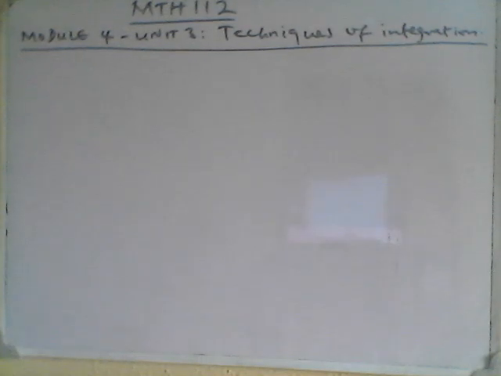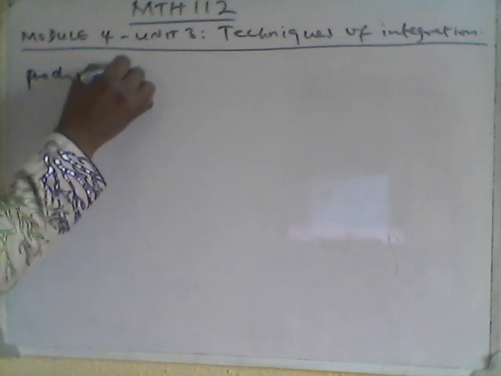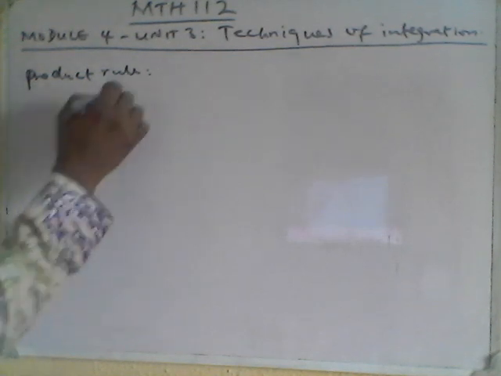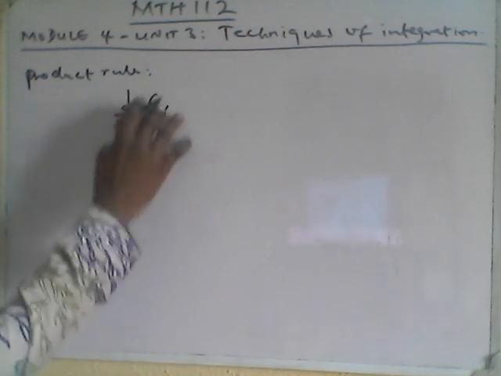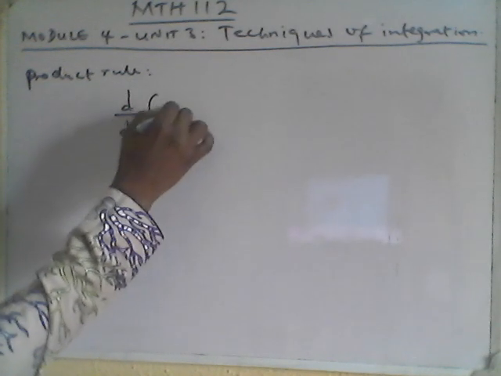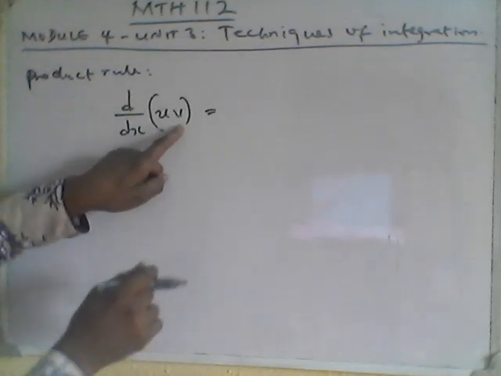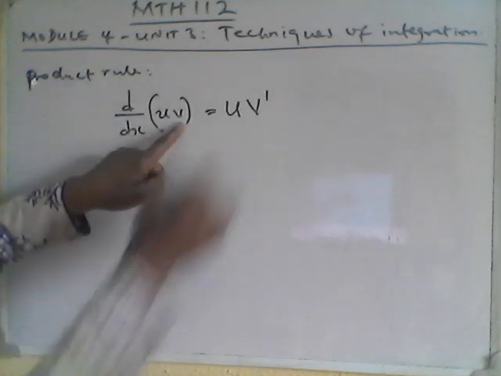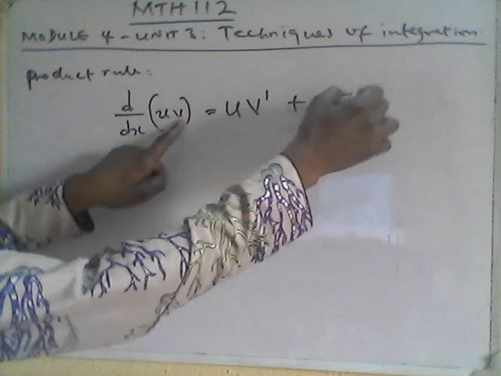Okay, so recall from the product rule, when we differentiate with the product rule, you have two functions that are multiplied. So if I have d/dx of these two functions, u and v, the product differentiation will be u dv plus v du.